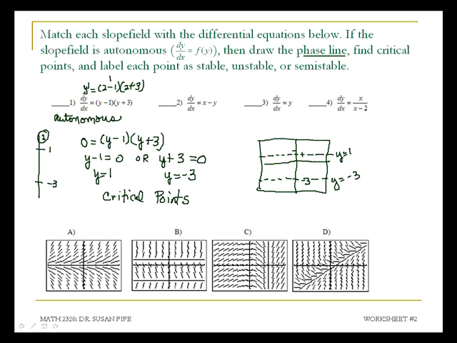I'll get 1 times 5 or 5, which is positive. On your phase line, you show positive with the line going up from the critical value. Goes up here. Up, up.